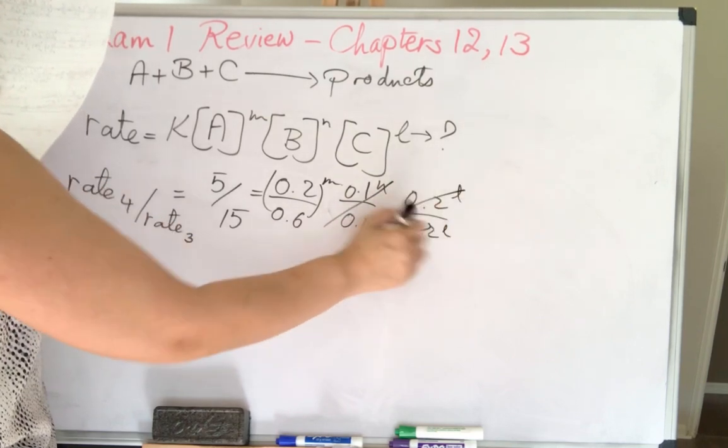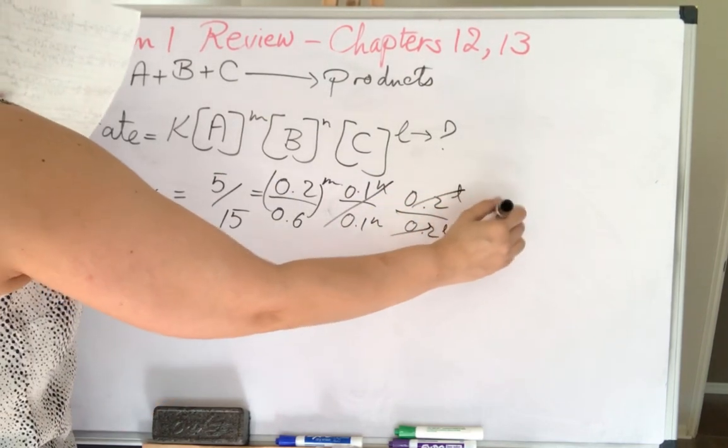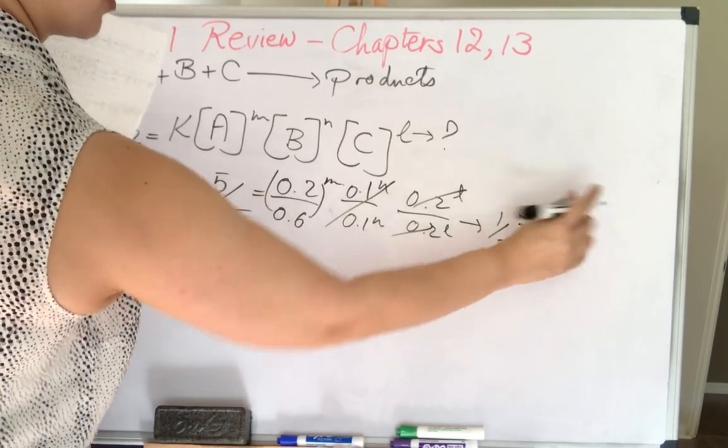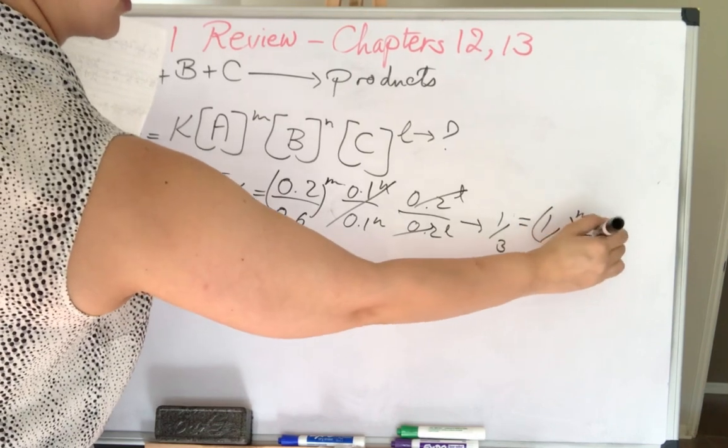So you can cancel them, and then 1/3 is 1/3 to the power of m. So m is going to be 1.